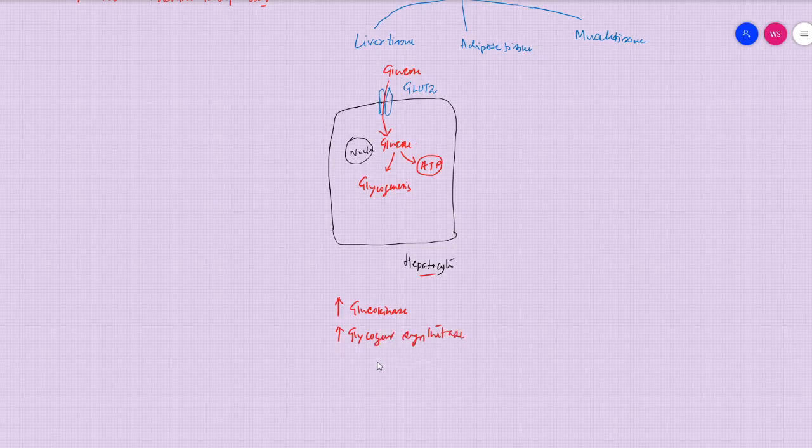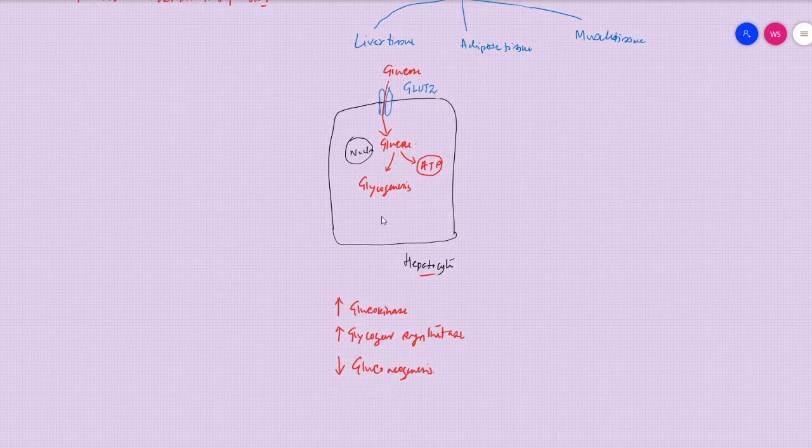There is also inhibition of gluconeogenesis, which is the production of glucose from non-carbohydrate sources, which may be lipids, proteins, and so forth. So it decreases gluconeogenesis.